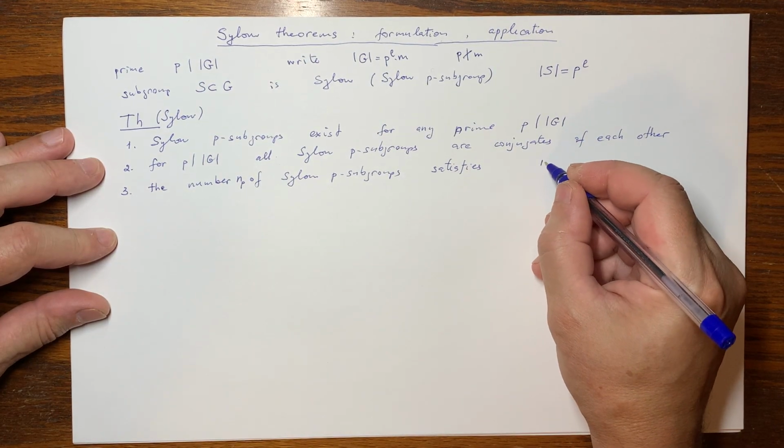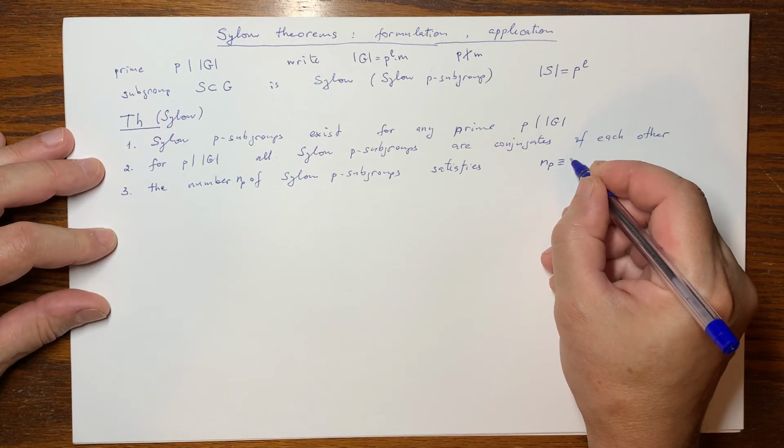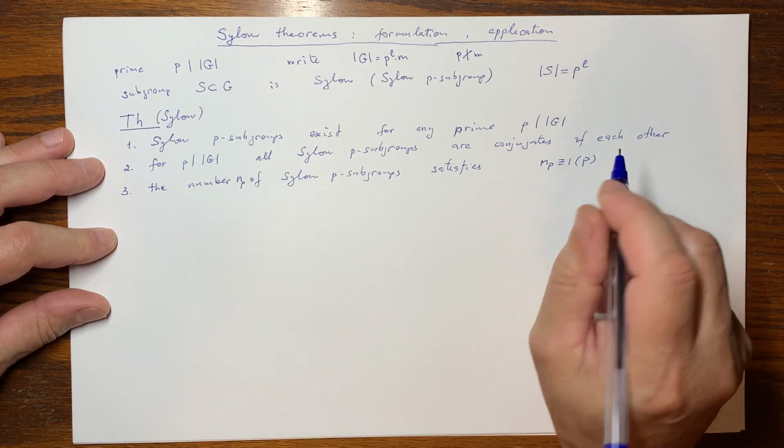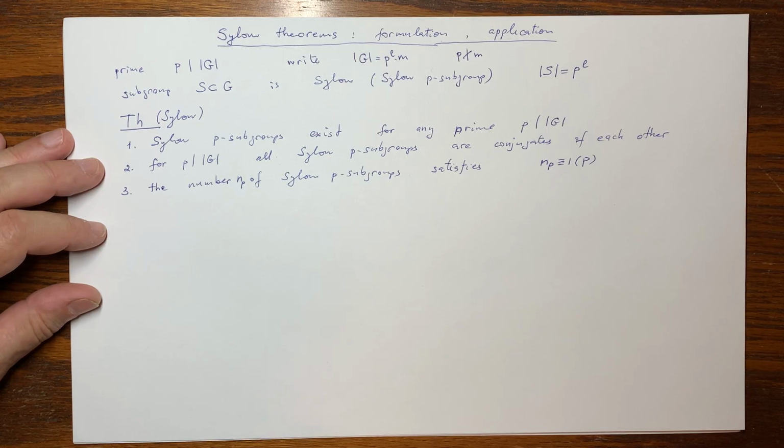It satisfies the congruence mod p. It has to have remainder 1 mod p. So again, statements looking technical, apart from the first, more or less natural one.